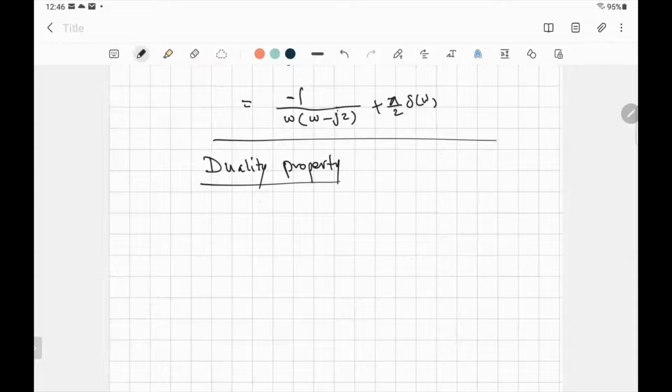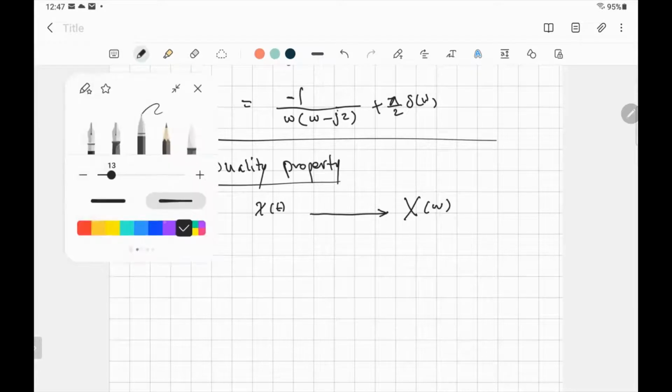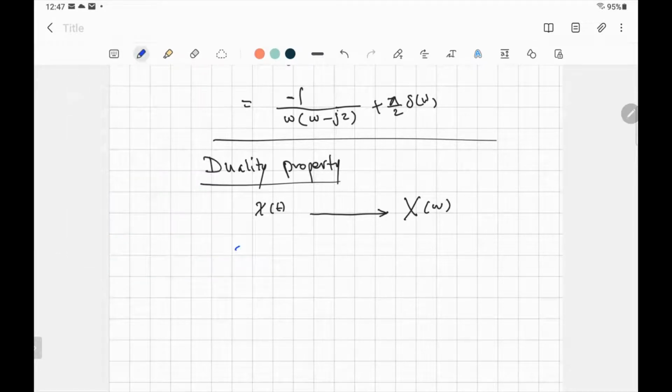If you have x of t and you find the Fourier transform X of omega. Example: let's say x of t equals e to the power minus 2t u of t. So what's the Fourier transform? Using the table, we'll have 1 over 2 plus j omega. That's good.